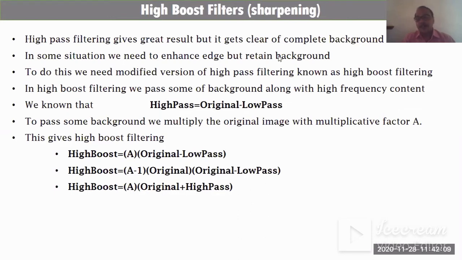A high pass filter is useful when we don't require the background, but in some situations we require the background also. For example, suppose you have to draw a photo with nature as the background. In that situation, we require the background as well as the foreground, the object. We don't remove all of the background.